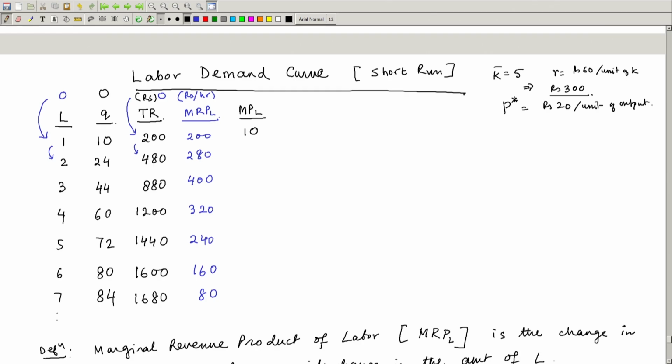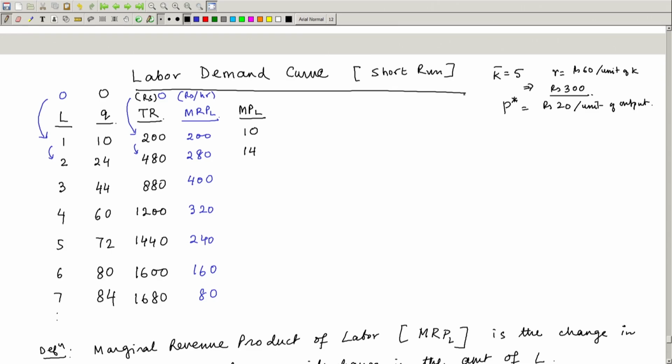The first labor hour produces 10 pencils. When the labor hours increase from 1 to 2, with 1 labor hour, the output is 10 pencils. With 2 labor hours, the output is 24 pencils. So, the second labor hour alone increased the output from 10 to 24, an increase of 14 units.